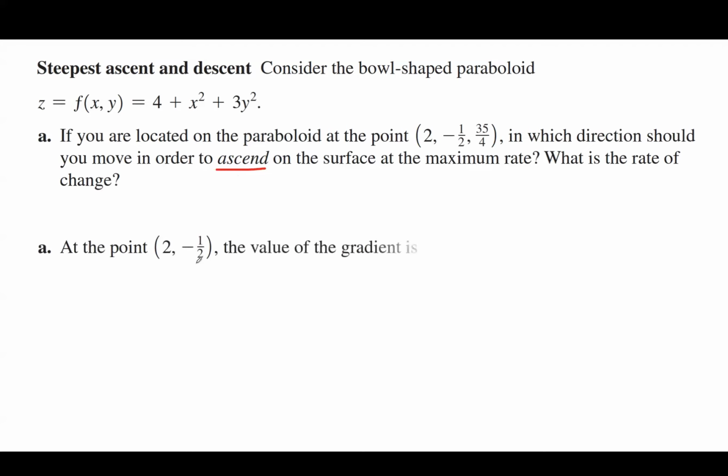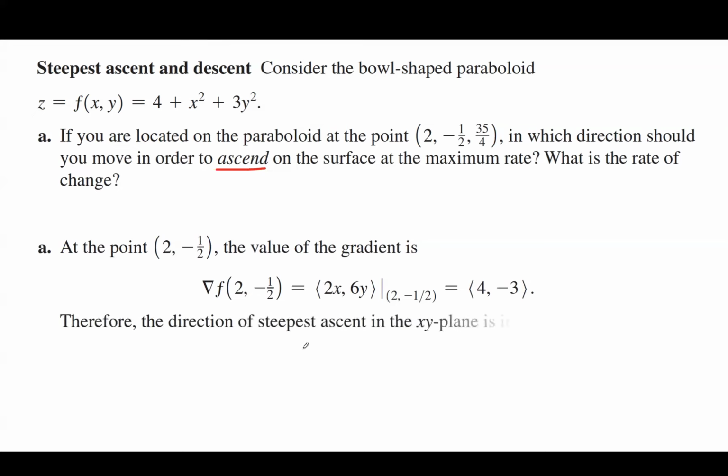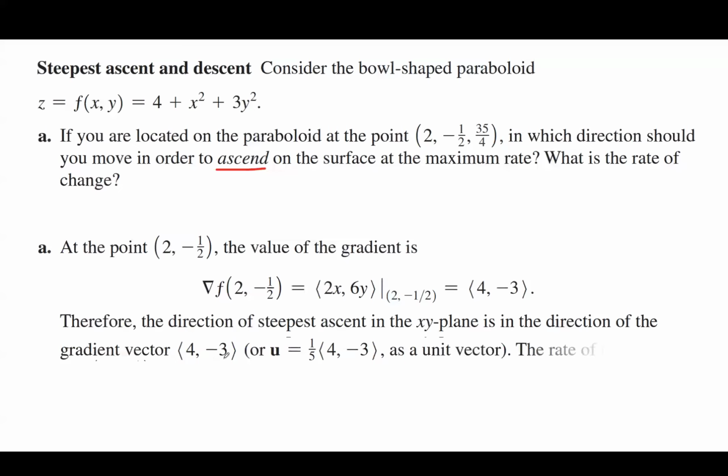Well, at the point 2 and -1/2, the value of the gradient is, here you have 2x and 6y, which gives you 4 and -3. Therefore, the direction of steepest ascent in the xy plane is in the direction of the gradient vector, which is 4 and -3.